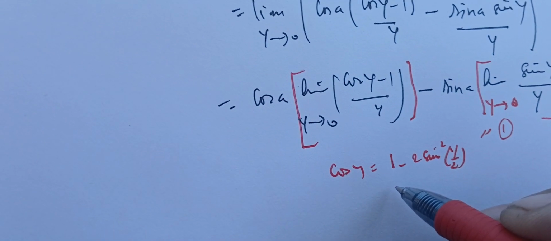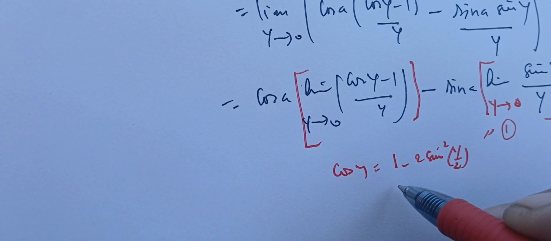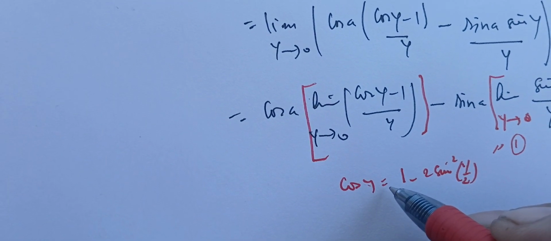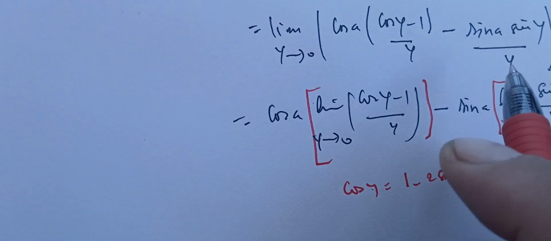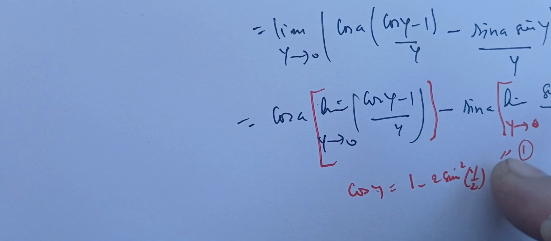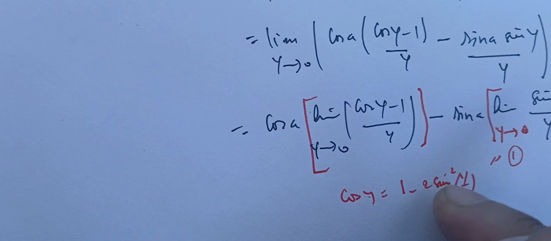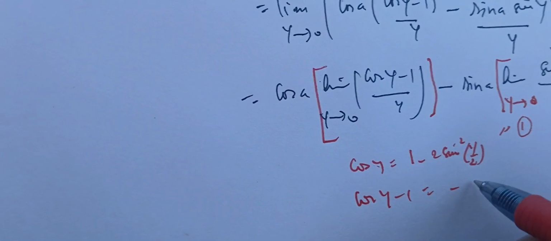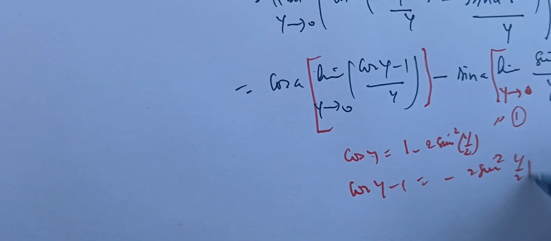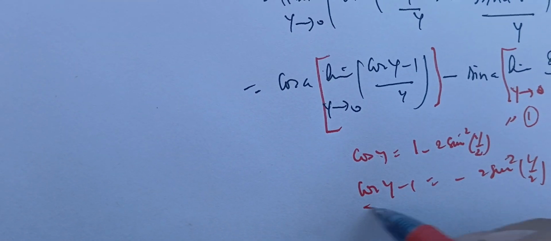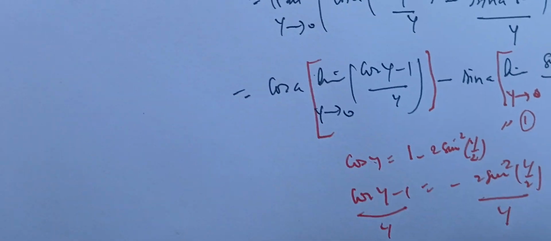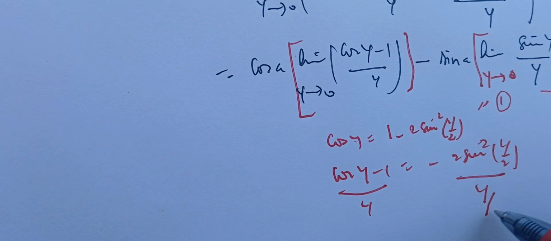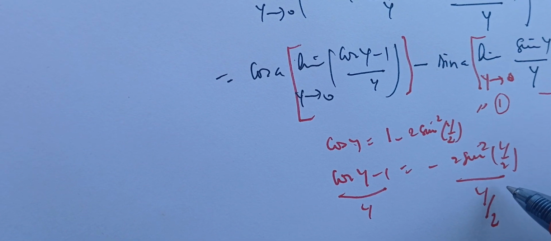Therefore, cosine y minus 1 is minus 2 sine squared of y over 2. Let's write it down: minus 2 sine squared of y over 2, and once we divide by y, we have this expression.